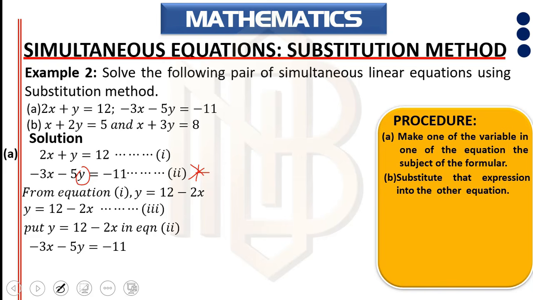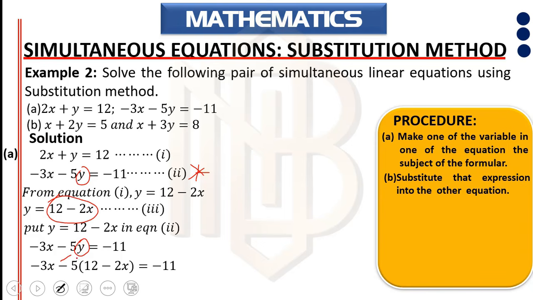This is our equation 2, and if we replace y here by the expression, we have -5 into (12 - 2x), which we can sort out by doing the multiplication.